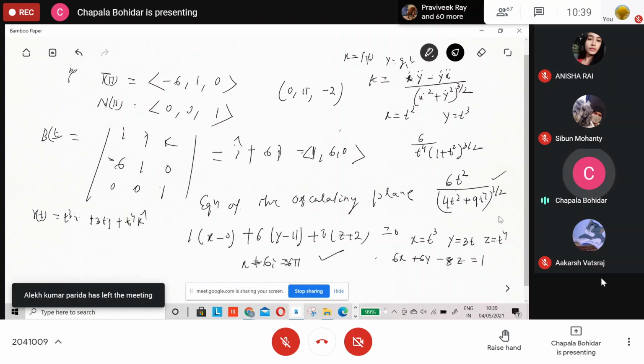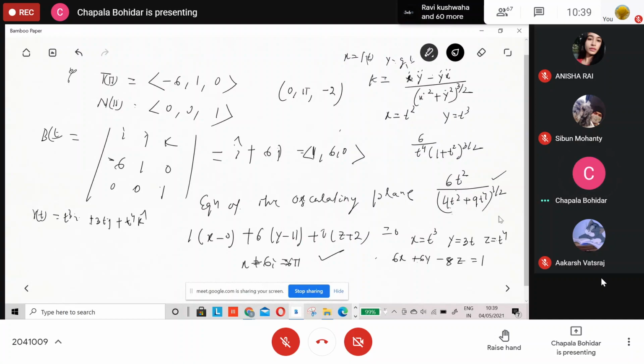So to the normal plane, which one is normal to the normal plane? Tangent is the normal to the normal plane. Isn't it? All of it clear? Here it is your normal plane. Tangent is the normal to the normal plane, the unit tangent vector.